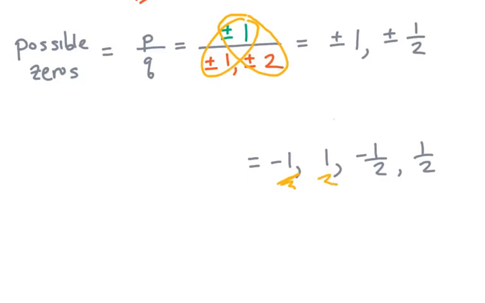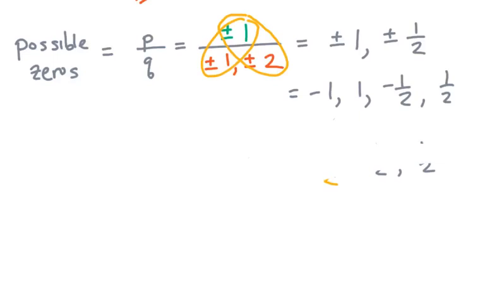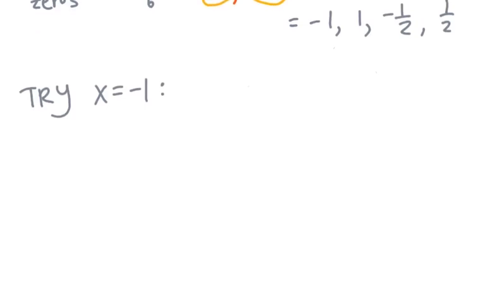So how do we check? How do we determine whether these are zeros or not? Well, we actually just bust out our good synthetic division, right? So let's begin by trying x equals -1. So if we synthetically divide by -1 and we get a remainder of 0, that means we've found one of the zeros.